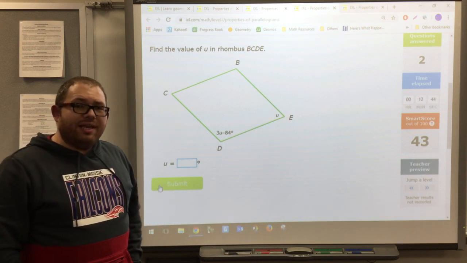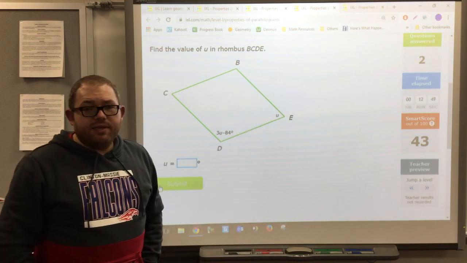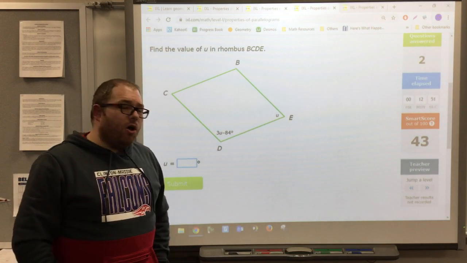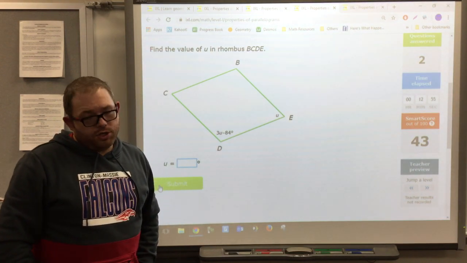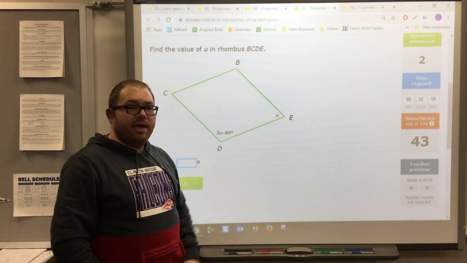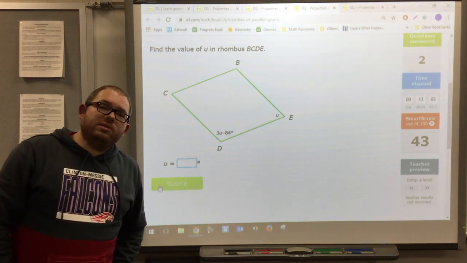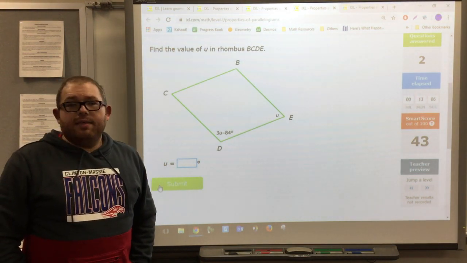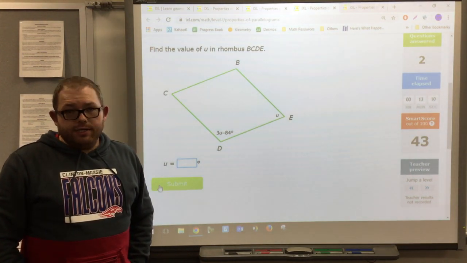But what happens if they give us two angles beside each other like this question? This is the only time where we're not going to set two things equal to each other. Instead, we should know that two angles that are beside each other in a parallelogram will always be supplementary. That means they add up to 180 degrees.